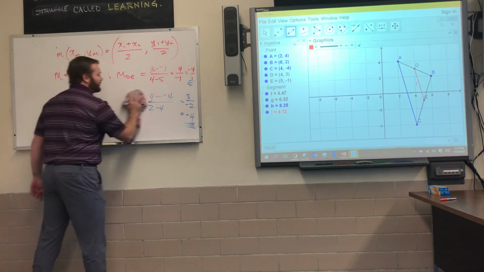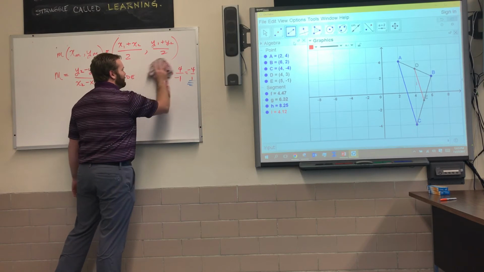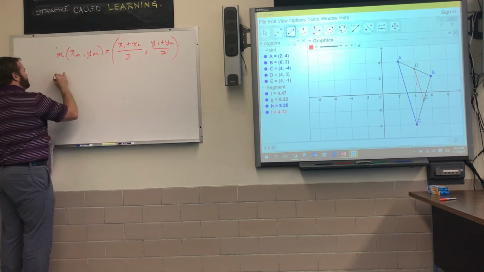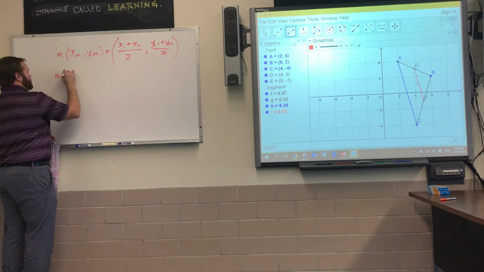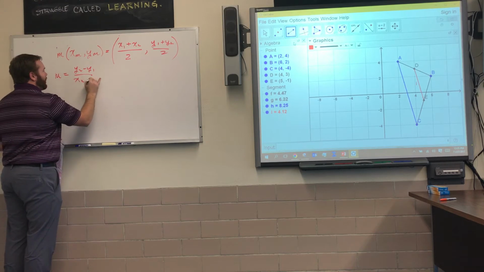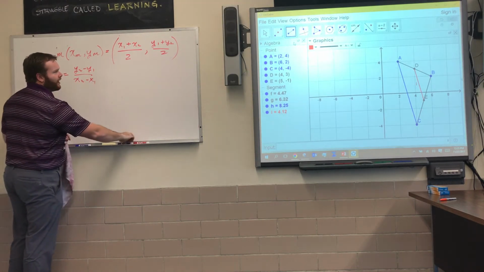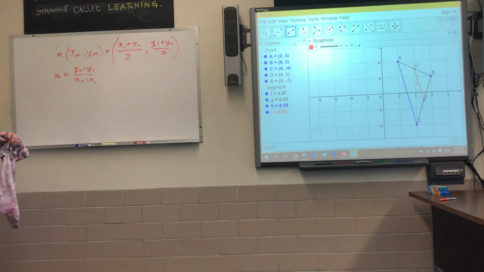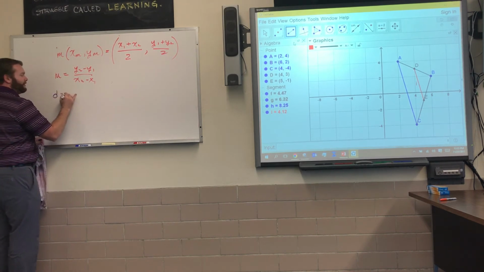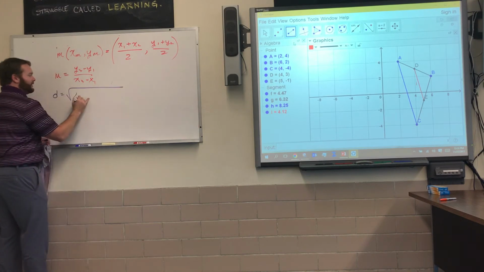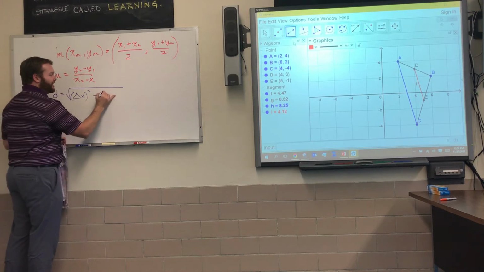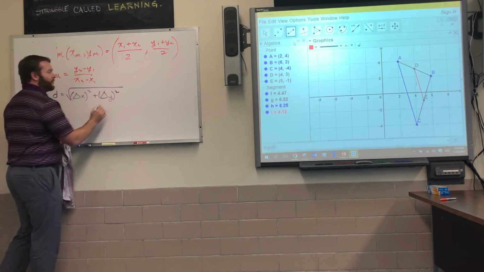Now, the next component takes a little bit more work. I want to find, keep this formula up here, I want to find the lengths of the red segment DE and the blue segment AC. So the first thing I want you to do is remember that the distance formula is the change in your x values squared plus the change in your y values squared.